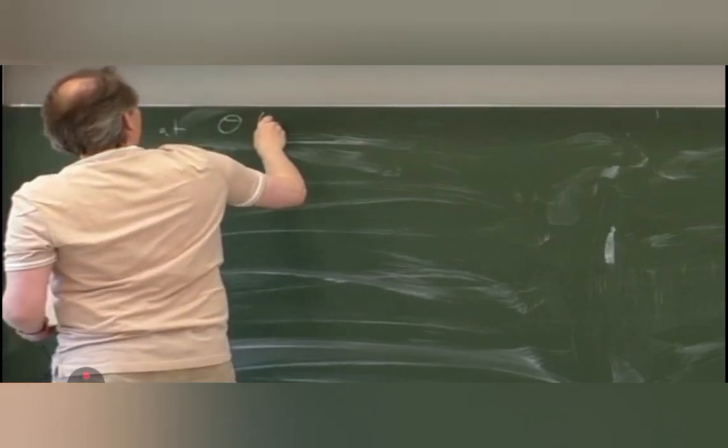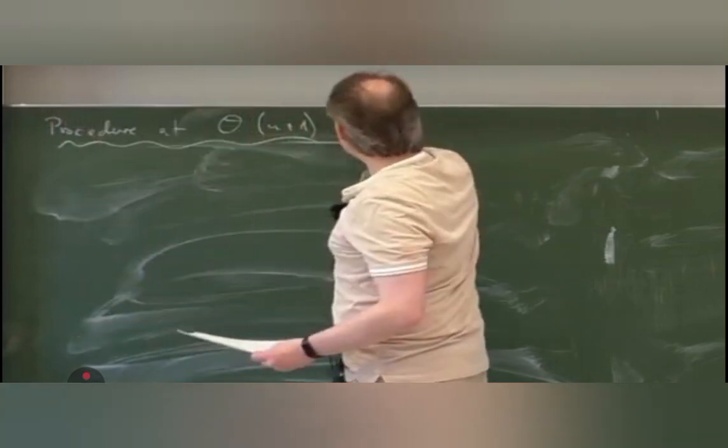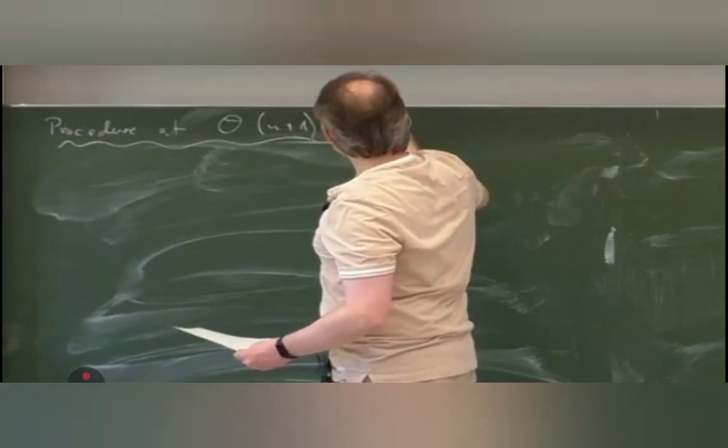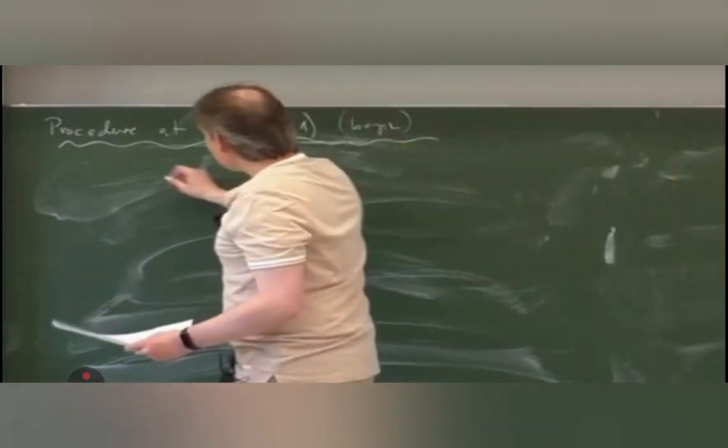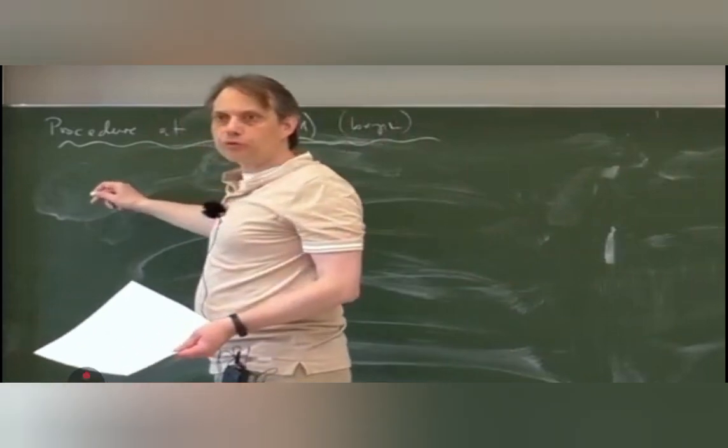So the procedure at order n plus 1, let's say, begins. You now want to work at the next order, for example, at the 3-loop level. What you need to do is, first of all, to compute Feynman diagrams.